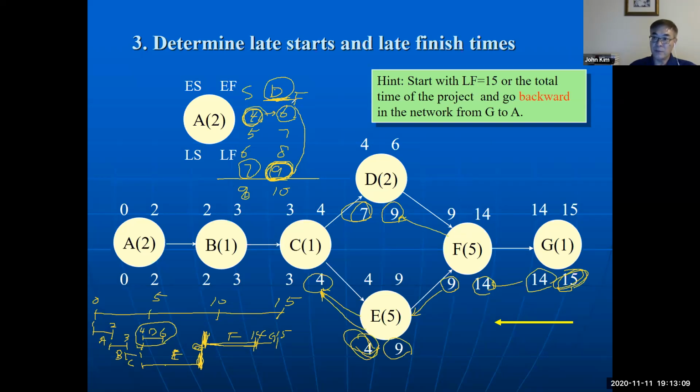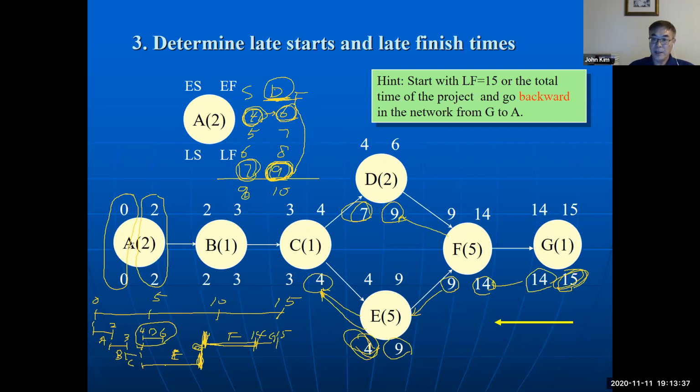So activity D has a different early start and late start, but for the others, A, B, C, E, F, G, the early start and late start, and early finish and late finish, are the same.